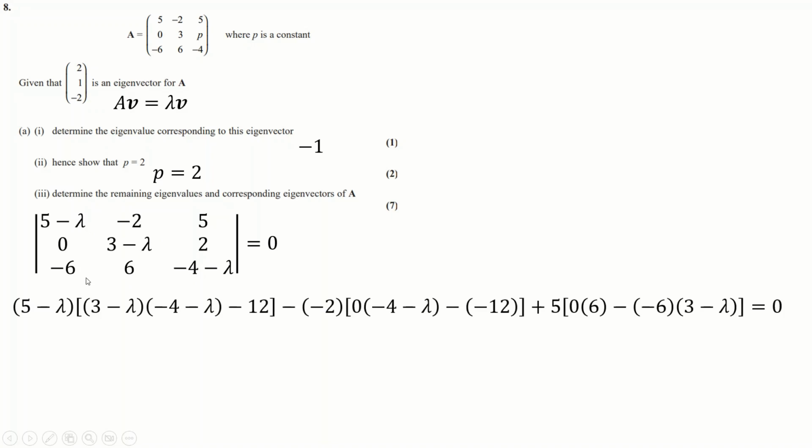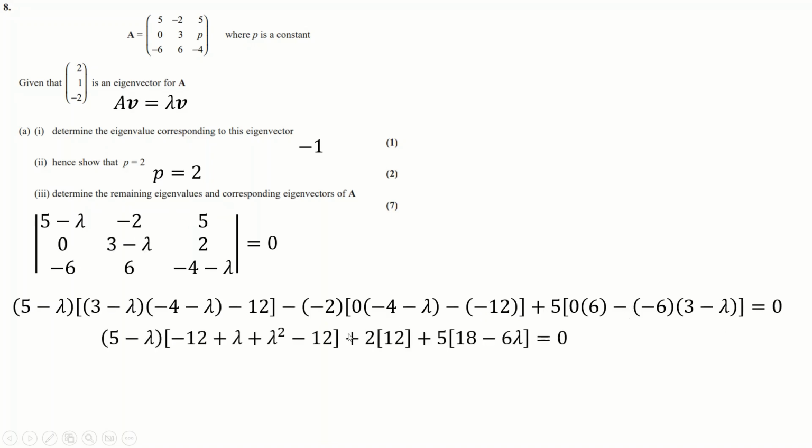So just to be clear, that's this one times this one minus this one times this one. And then you do minus this one times the determinant of these 4 at the ends. So this times this minus this times this, and then plus again this one times the determinant of these 4. So this times this with a minus.